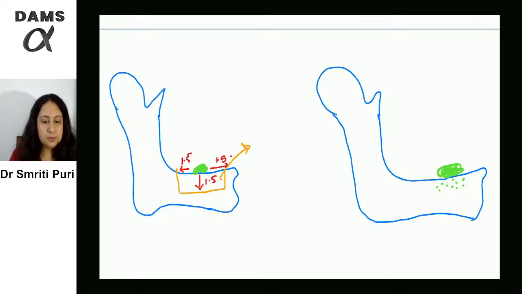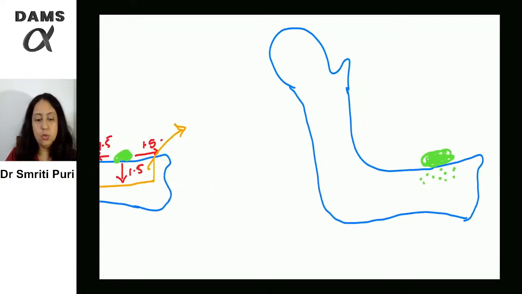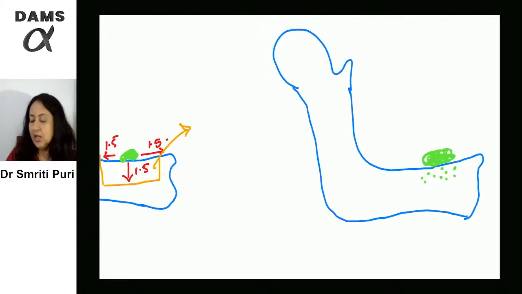Now if there is underlying bony erosion, or if the underlying bone is also involved, then you have to radiographically study the area or the length till where it has been involved.